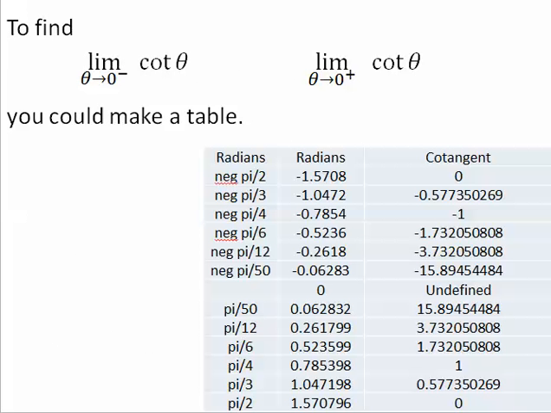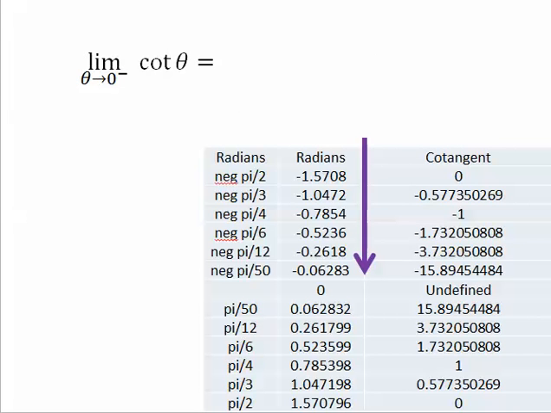To find the limit of cotangent as theta approaches 0 from the left or from the right, to find those limits, you could make a table. Notice that as theta is getting closer and closer to 0 coming from the left, cotangent is getting more and more negative.